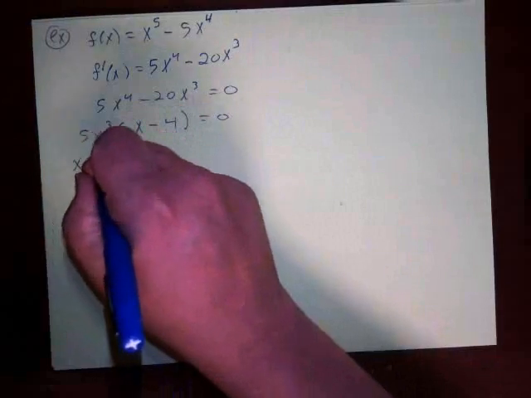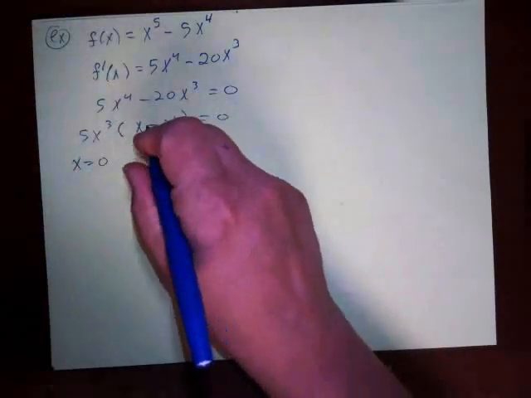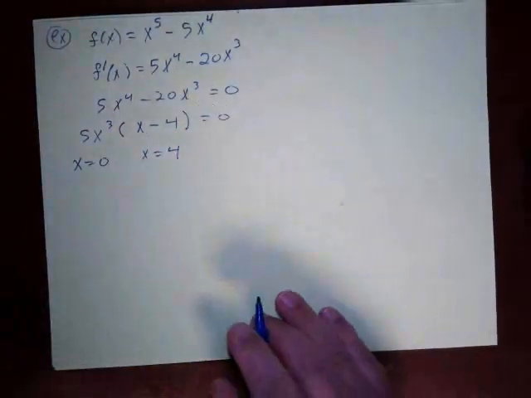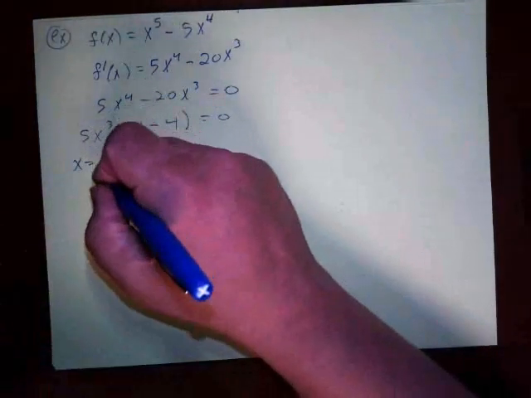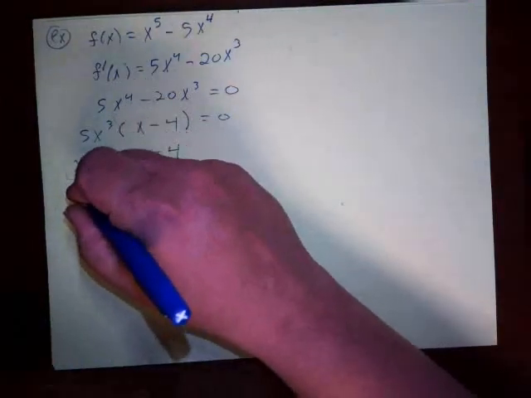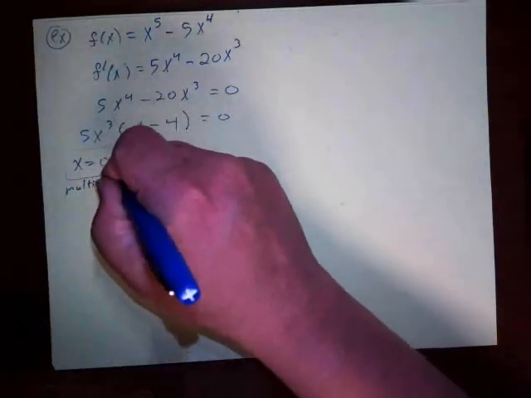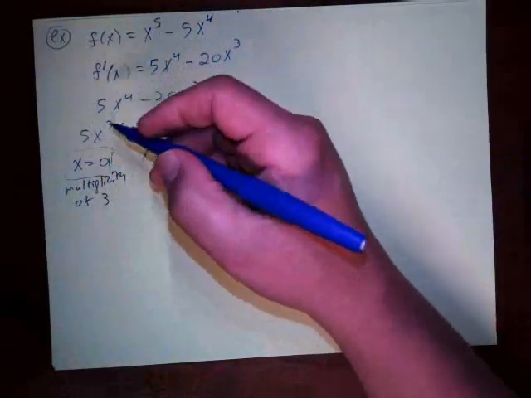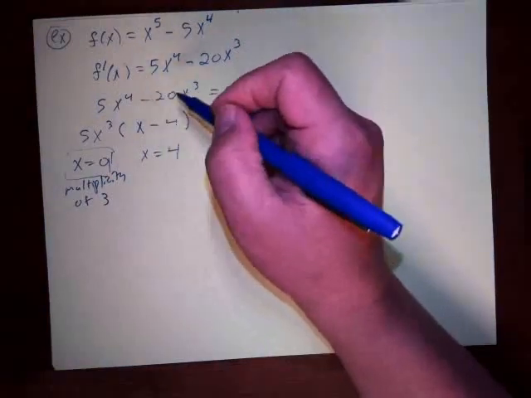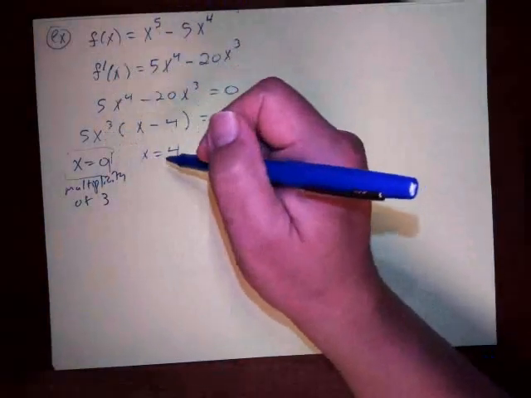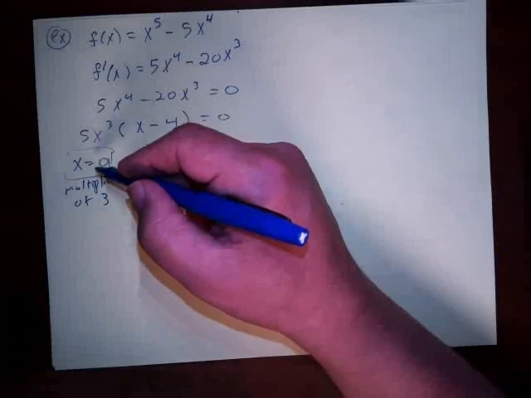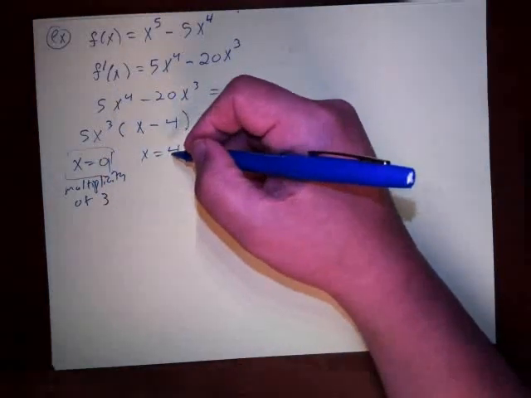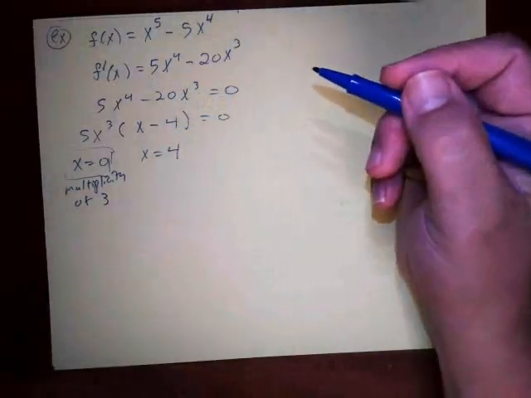So again, I get x equals 0 as a critical point, and then x equals 4 as a critical point. You can see that 0 has a multiplicity of 3, because it comes from the x cubed. In other words, the fourth degree polynomial should have 4 zeros, and it does. It has 3 roots of 0, and then that root of 4.